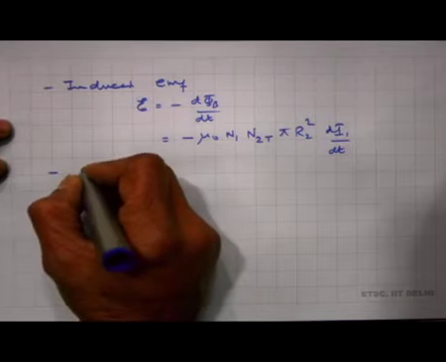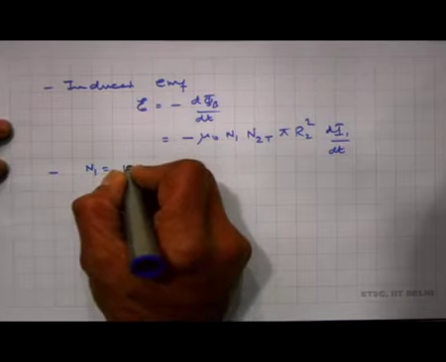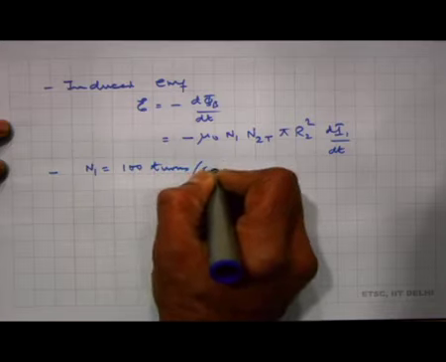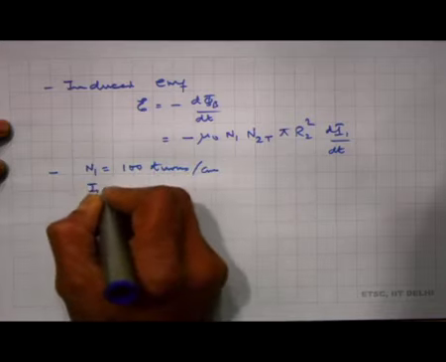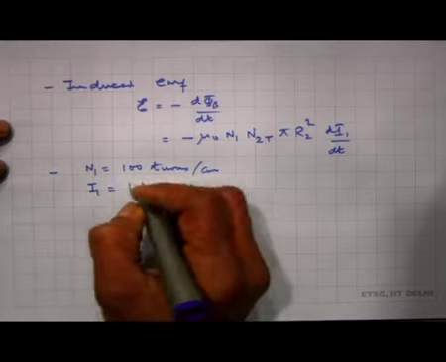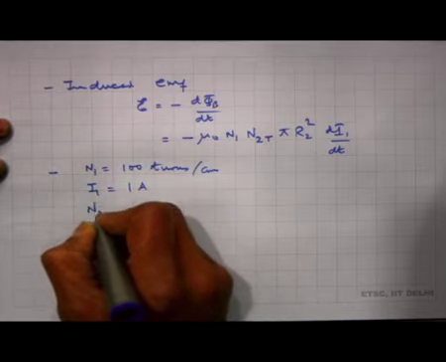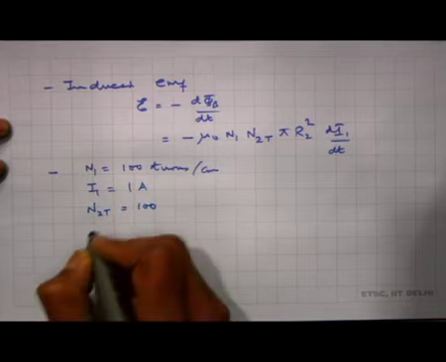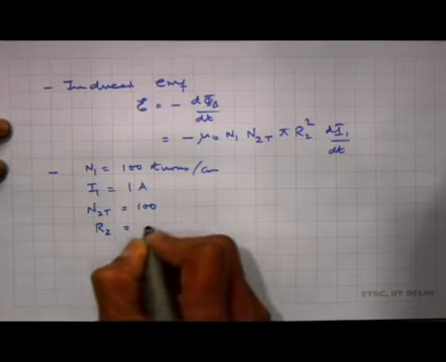As an example, let me assume N1 is 100 turns per centimeter, a current I1 of 1 ampere. Let me assume N2T is equal to 100 total number of turns, and the radius of the inner solenoid to be 1 centimeter.